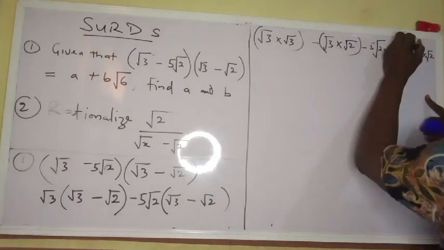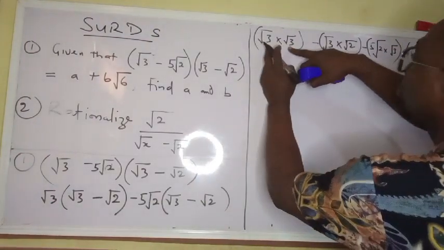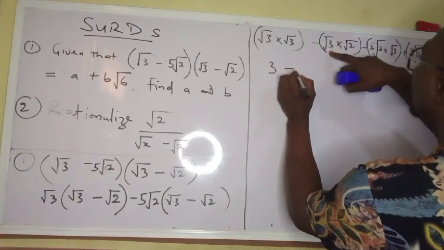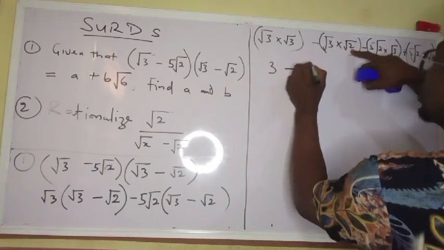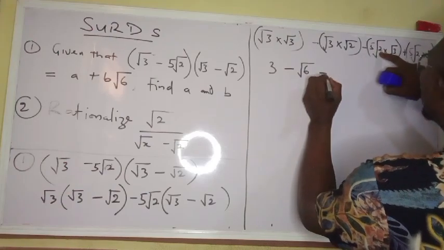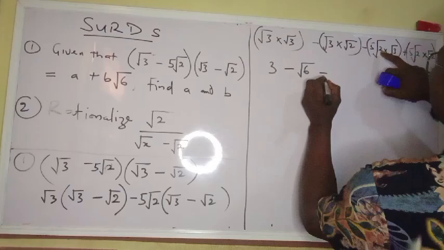So now let's put this in brackets. √3 times √3 is 3. Minus √3 times √2 is √6. Minus √2 times √3 is √6, that is 5√6.